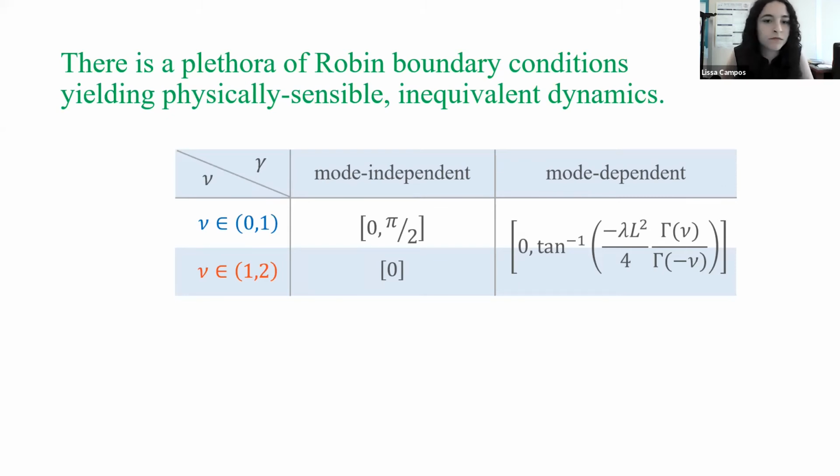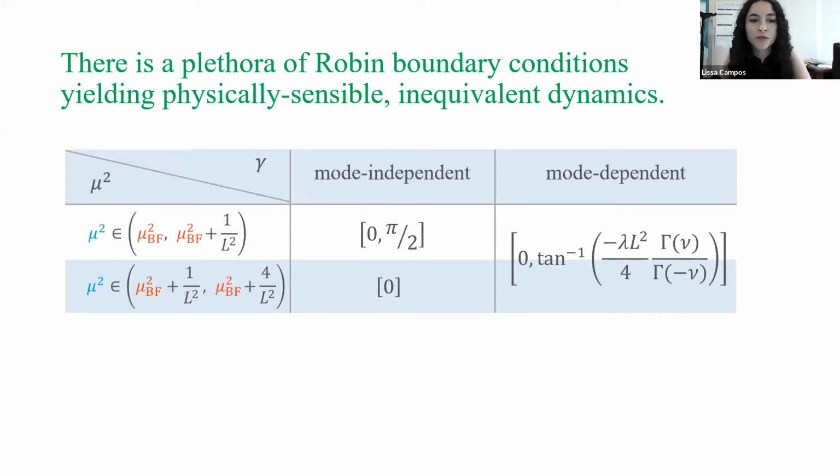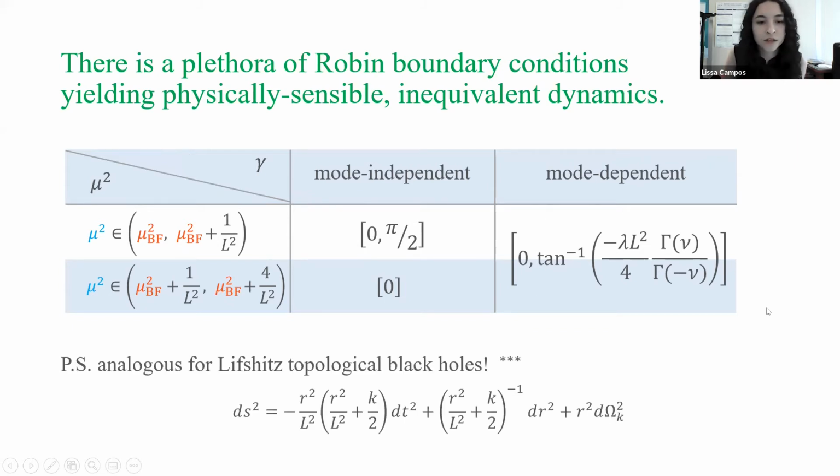So that table that I had before actually can be written like this. In terms of the effective mass I gave at the beginning, it looks like this. So there is a certain interval of effective masses where we can impose many mode independent boundary conditions. But in the second interval, we can still impose mode dependent boundary conditions.